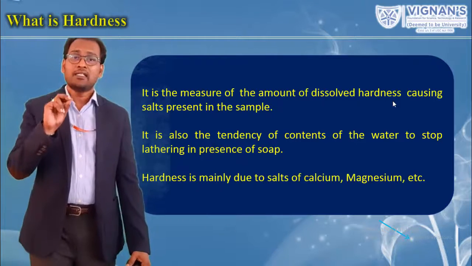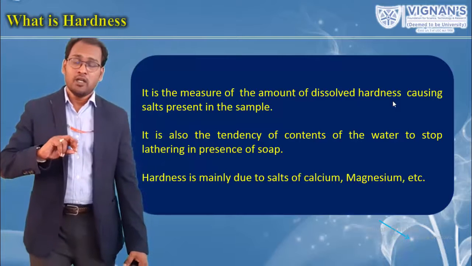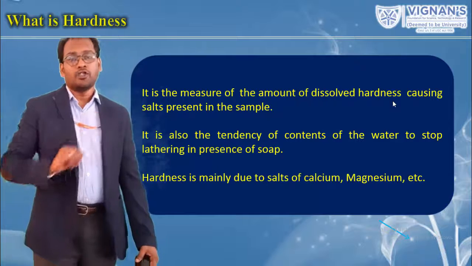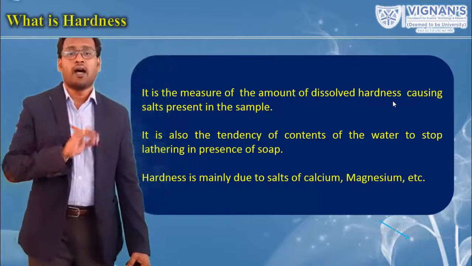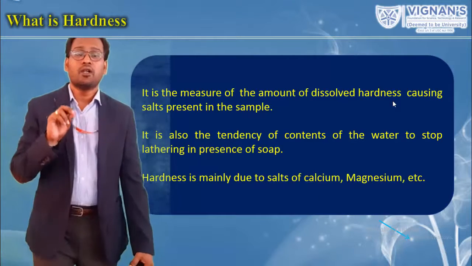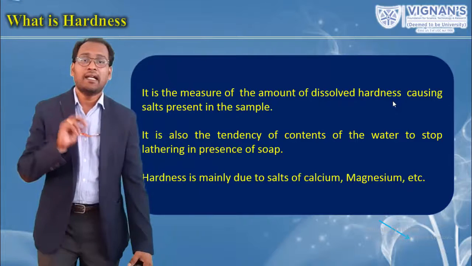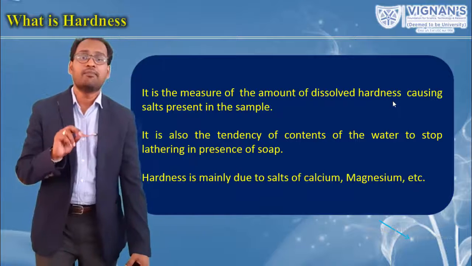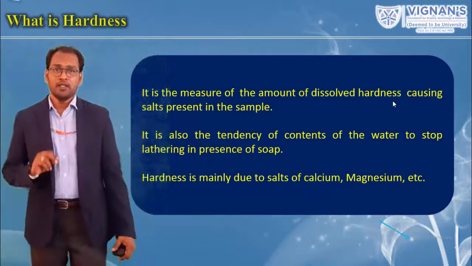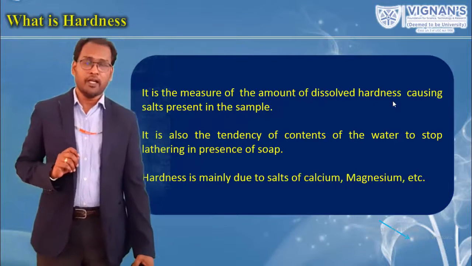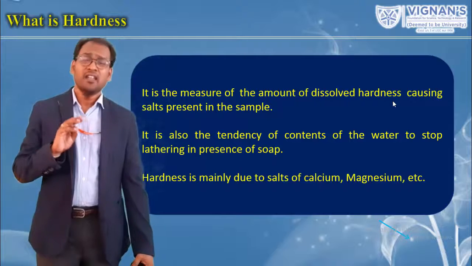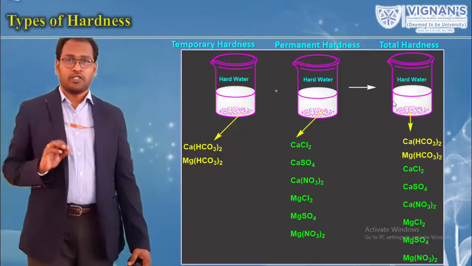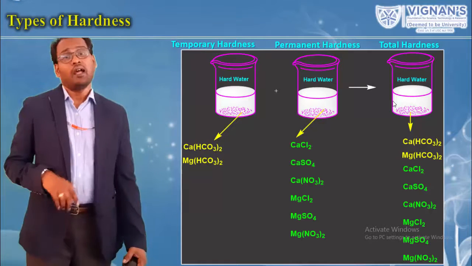We can put it as the tendency of the contents of the water sample to stop lathering in the presence of soap. And the third one, as I said, is that hardness is mostly because of calcium and magnesium salts. So this is the definition for hardness.